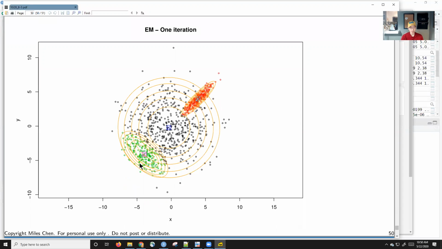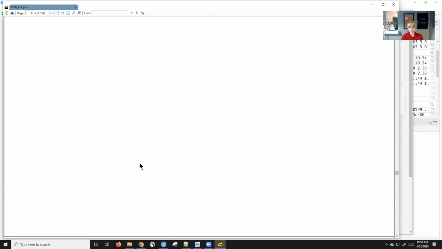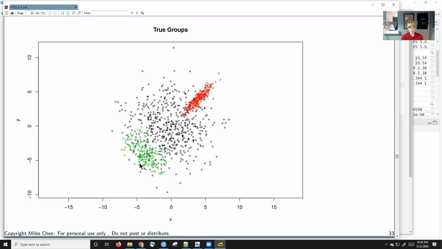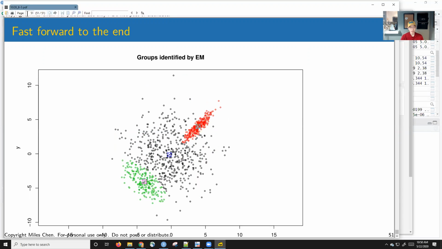I don't know how many slides ago it was. So these are the true groups, and if I scroll down to the last page, it does a fairly good job.